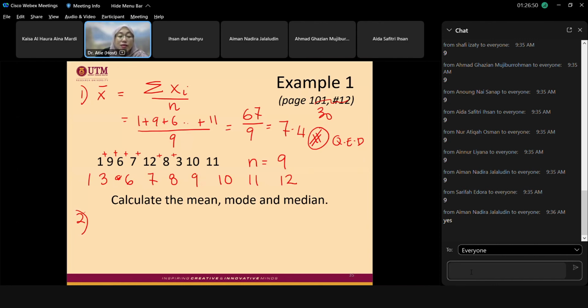Right. So in order to find the mode, what is your answer? Zian, what do you think? What is the answer for the mode? As for the mode, all of them. Sorry? All of them, okay.